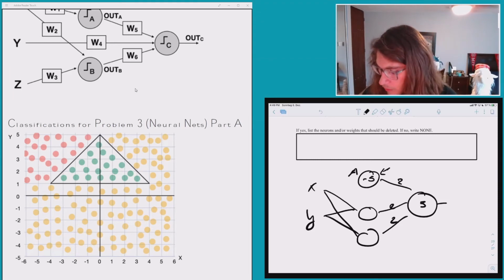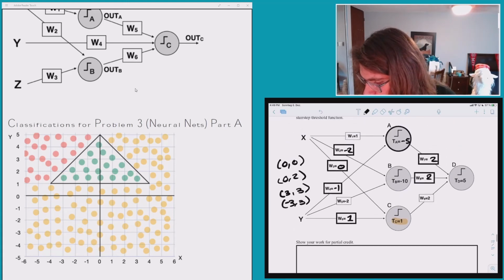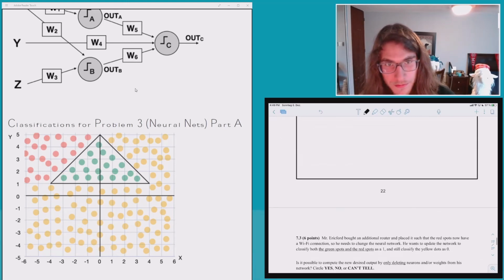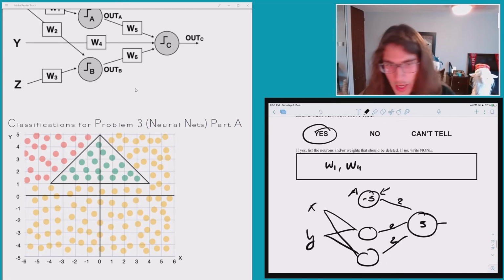So one solution is to delete W1, I believe that is. Let's see. W1 and W4. So yes, it can be done.